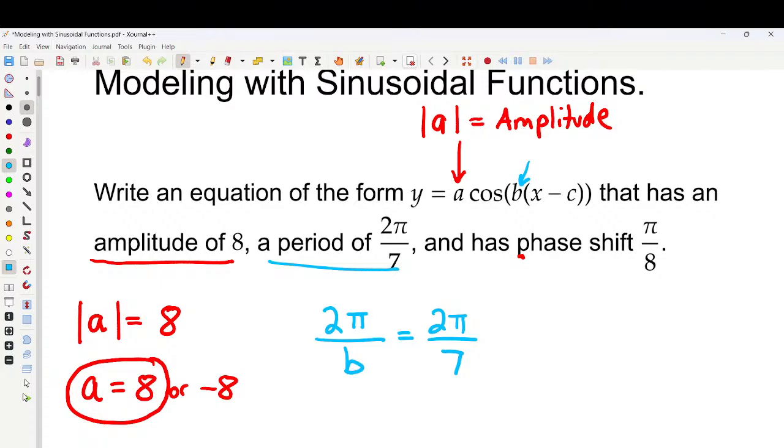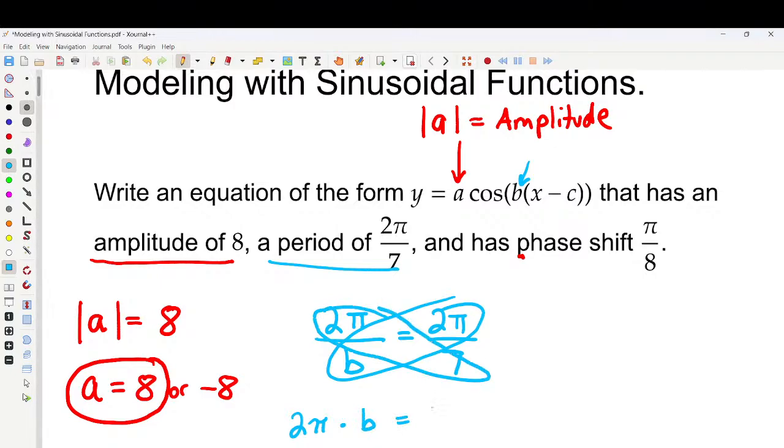B has to be 7. But if it wasn't that obvious, you would cross multiply. 2 pi times b equals 2 pi times 7. Well, that's 14 pi. And then we would divide by 2 pi, divide by 2 pi, and ultimately get that b. Your pi's cancel out. 14 divided by 2 is 7.